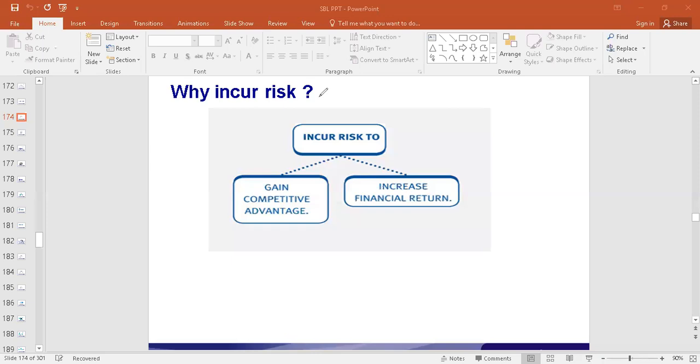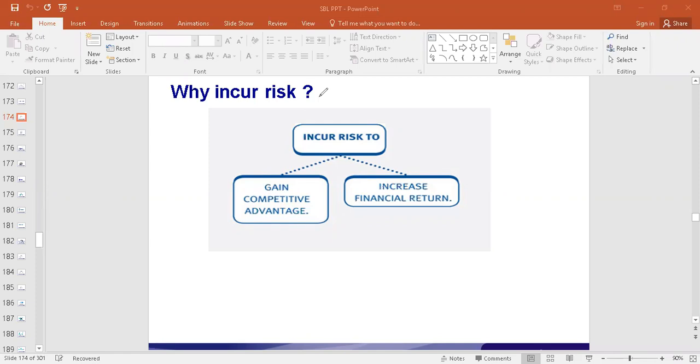Another reason is, if something which has risk involved is taken up, then that would put them far above their competitors. They can gain a competitive advantage. Until that point of time, what others have not tried, if some business tries that and gets some benefit out of that, that will make them a leader in that particular area, because they are the ones who have taken the initiative.